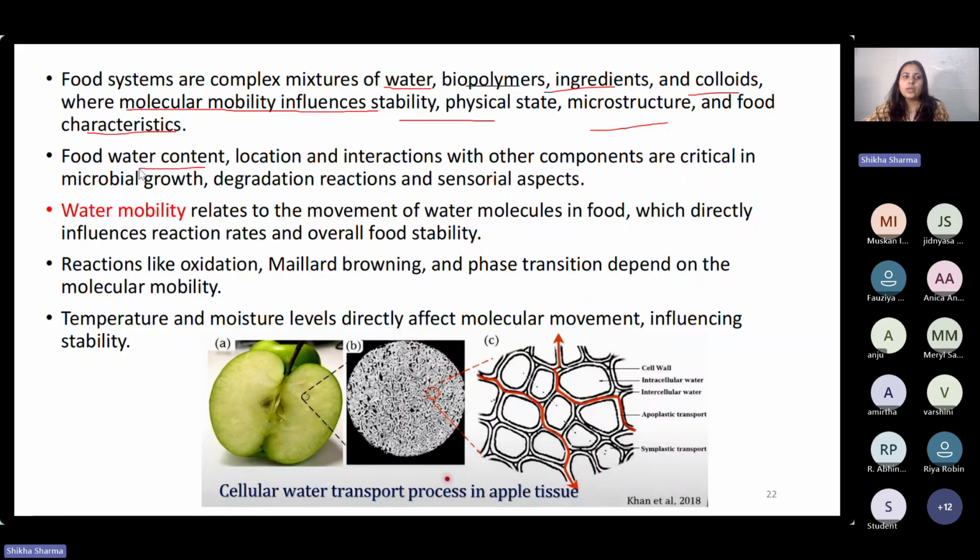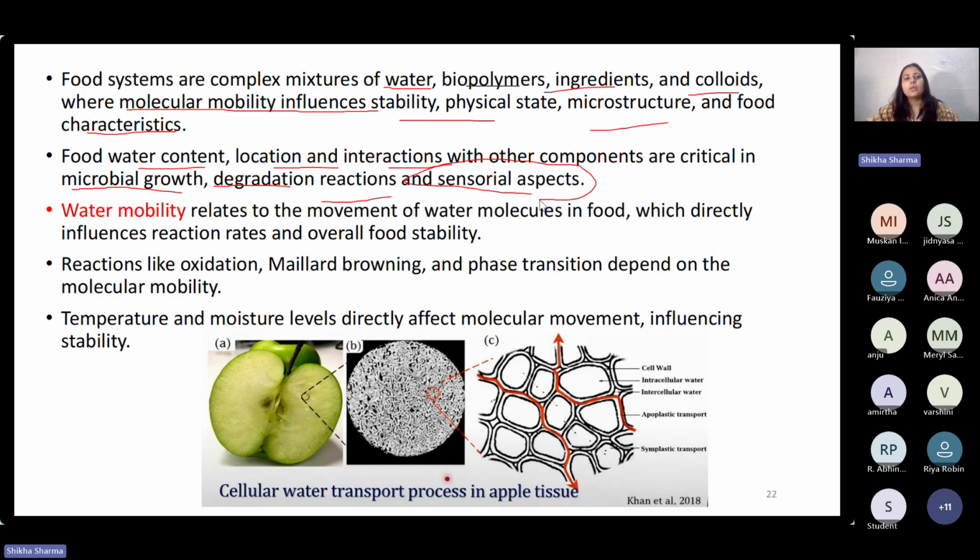Food water content, its location, and its interaction with other components is very important to understand the microbial growth, degradation, the different enzymatic and non-enzymatic degradation reactions, and the sensorial attributes, like the texture or the juiciness.